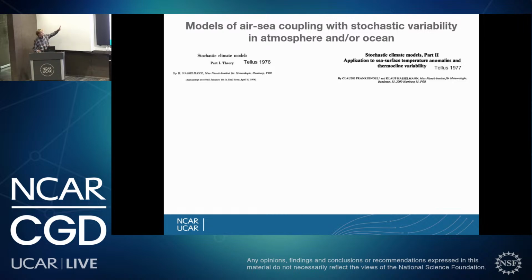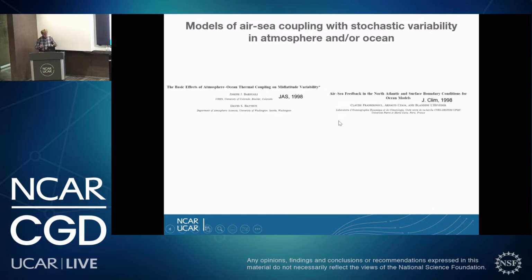So under the overall title, there are models of air-sea coupling with stochastic variability, either in the atmosphere or ocean. It starts with the theory from Hasselmann, and then Frankignoul and Hasselmann came with, I think, a more accessible paper, applied that to look at how the mixed layer temperature and sea surface temperature evolved and responded to stochastic forcing, which induced a low frequency component to the sea surface temperature.